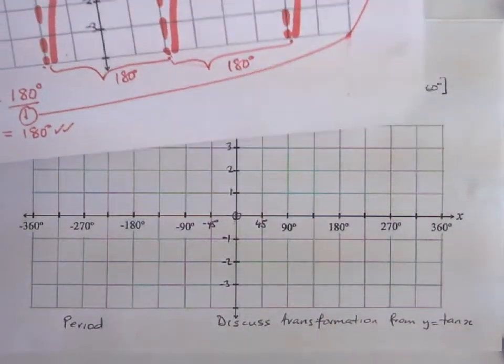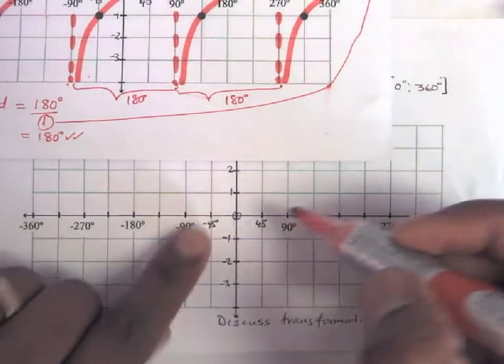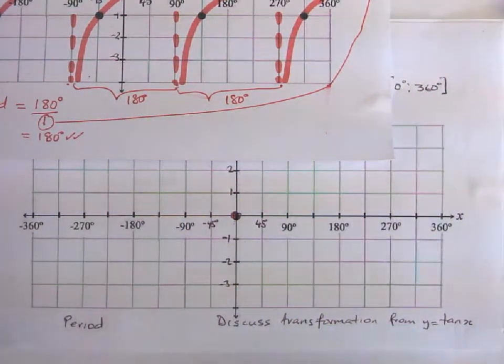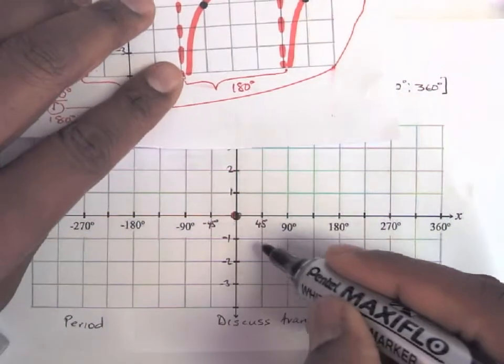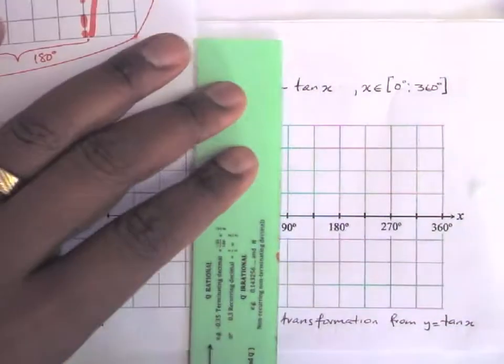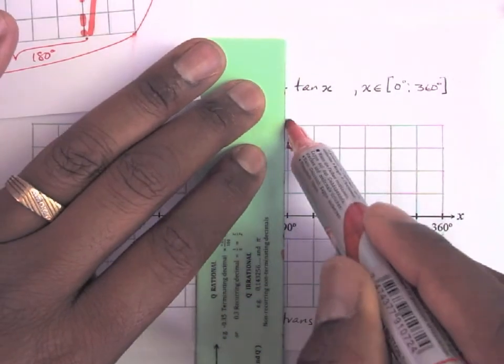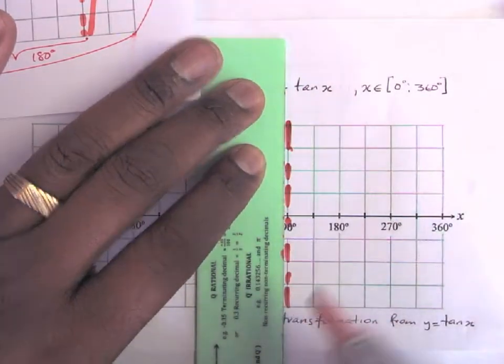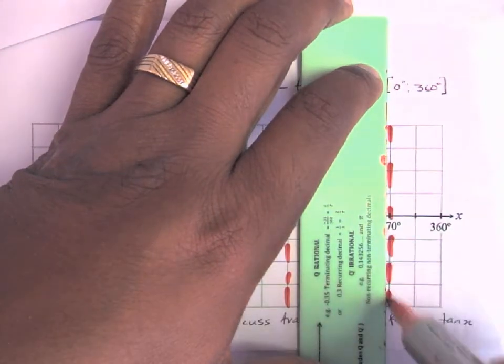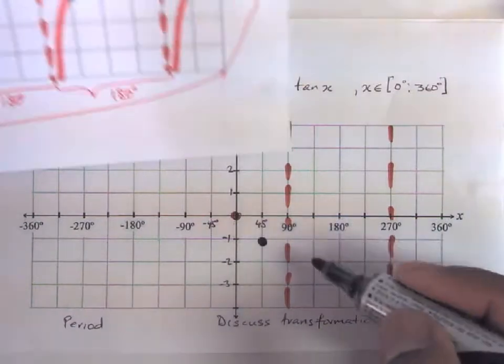So which means that the point that we have here will stay there, and then we'll also have another point there at 45. We'll still have our asymptote because it didn't shift, so the asymptote is still there at 90 degrees. The one at 270 will still be there, but the points have been inverted.